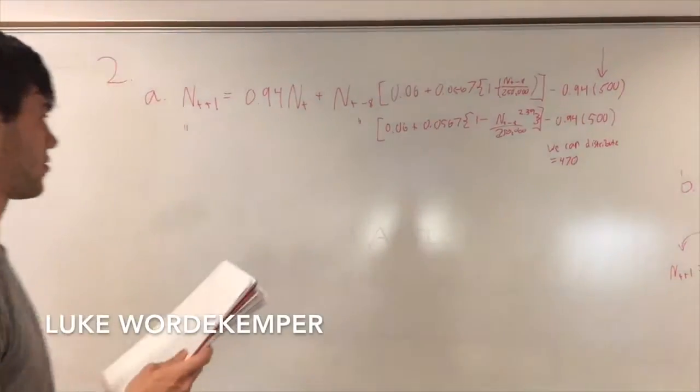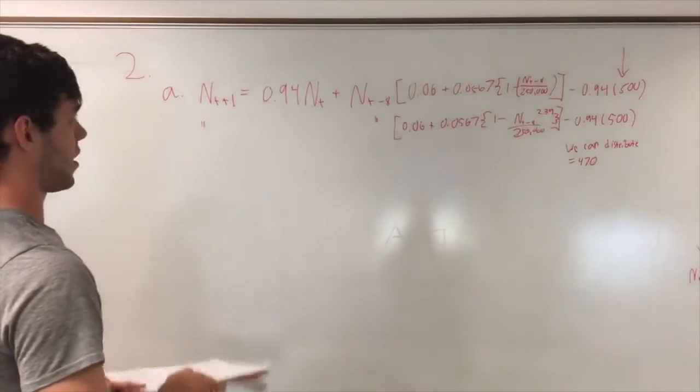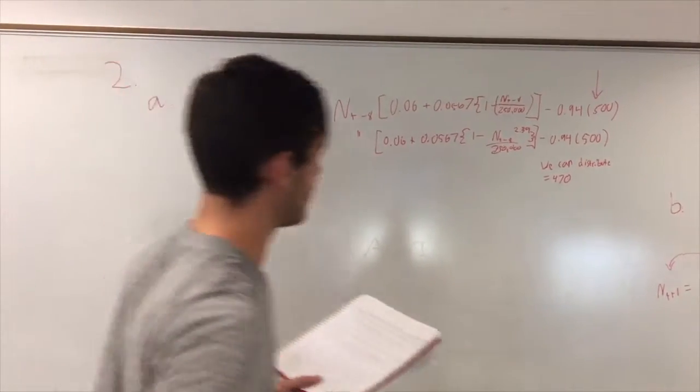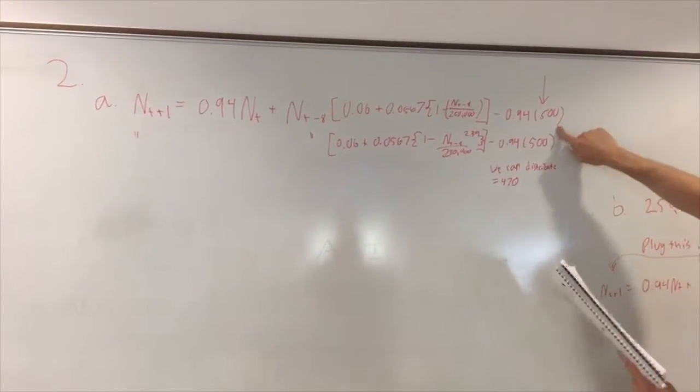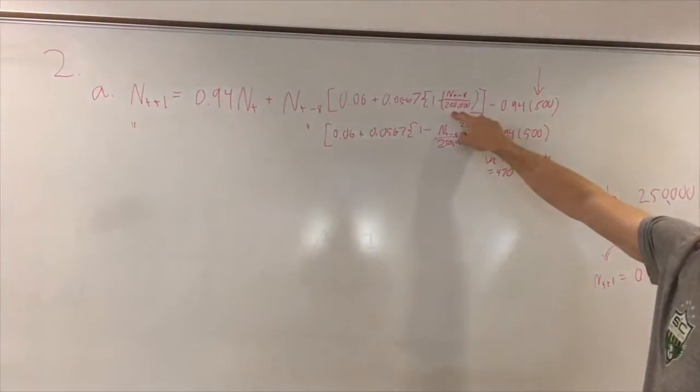My name is Luke Wardekemper, and I'm doing question number 2. This is our equation with 500 whales harvested and 250,000 in the population.